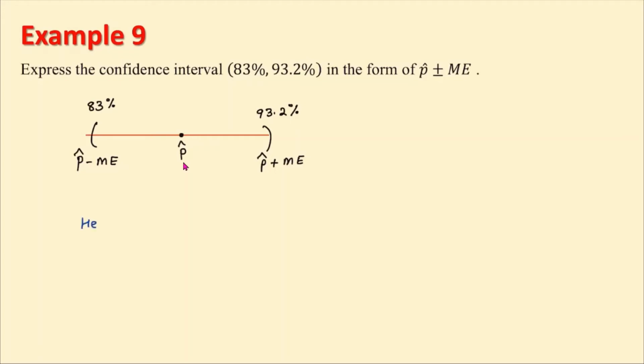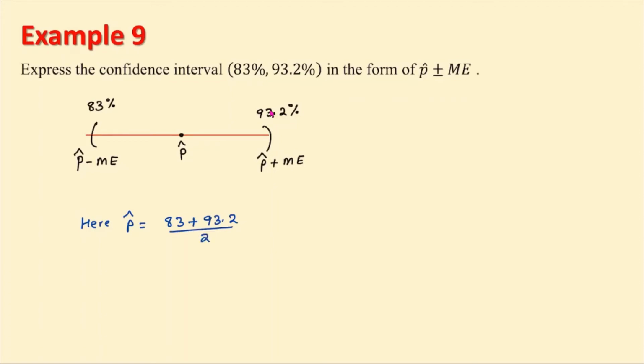So here your p hat is the value in the middle. To find the value in the middle, we add these two numbers and divide by 2. So it will be 83 plus 93.2. Once you get the result, divide that by 2.